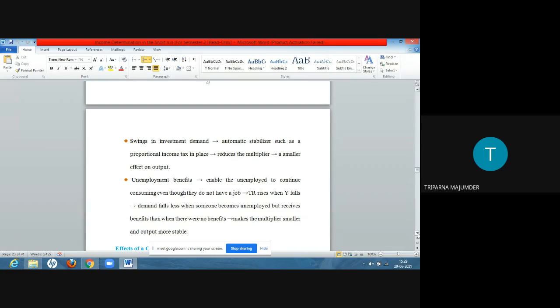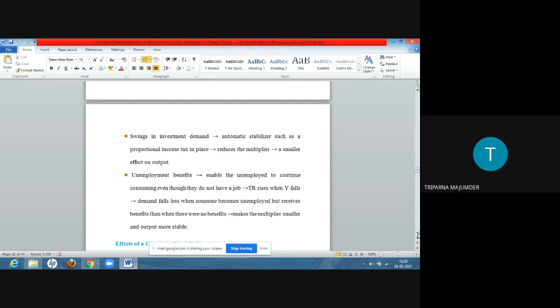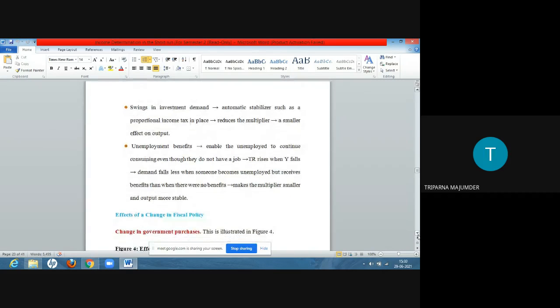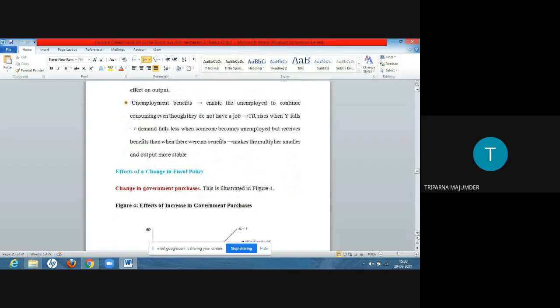This leads to demand falling less when someone becomes unemployed but receives benefits than when there were no benefits. This makes the multiplier smaller and output more stable. So this is how the inbuilt stabilizer works.